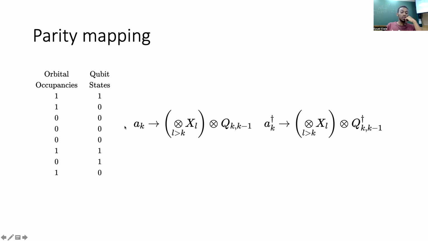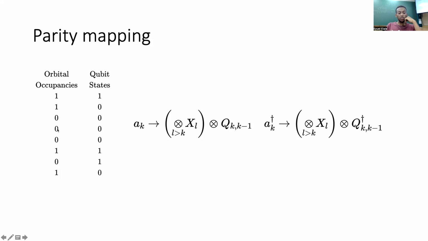So we can translate the annihilation and creation operators in this way. For example, if I want to create an electron here, the parity of all the next ones has to be flipped, right? This X gate is doing that kind of operation.